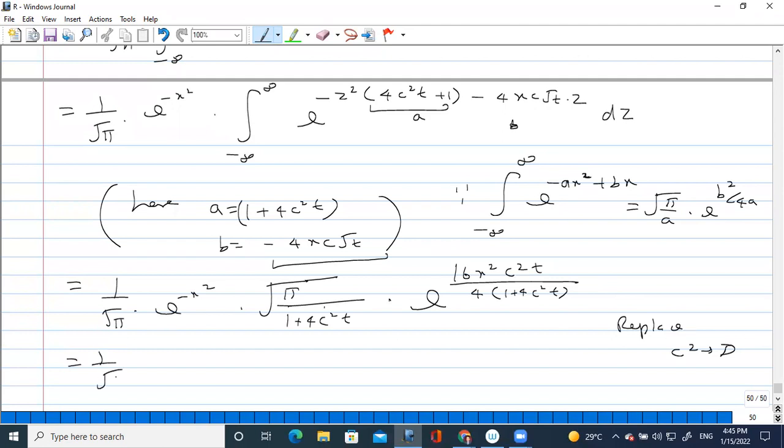So it will become 1 by root pi e to the power minus x square into under root of pi by 1 plus 4 dt into e to the power, this will cut 4, it will become 4x square dt divided by 1 plus 4 dt. Only this much, okay?